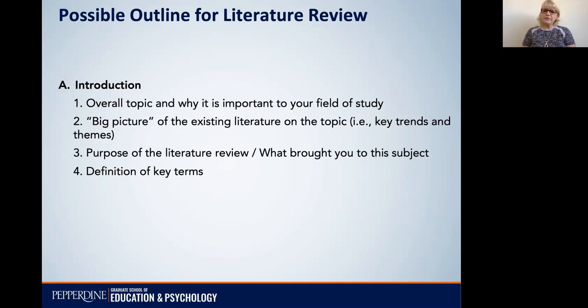So for example, with the gratitude example, we could maybe begin by talking about the importance of gratitude and how gratitude intervention study has been increased in recent years. Just very broad context. Then the purpose might be to show the benefits of gratitude interventions, something like that.